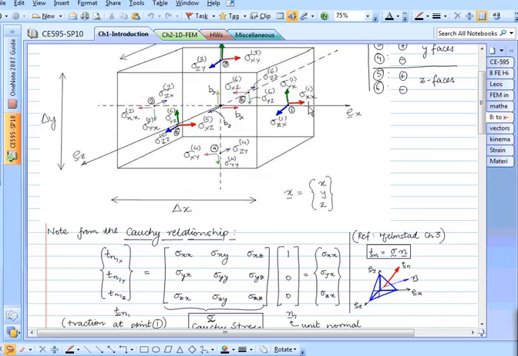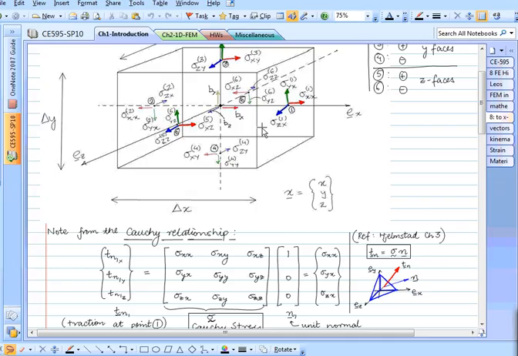Sigma xx1 is this thick red line, and this is the traction that is acting normal to this face at this point. So if I take this traction, and I just told you that traction is a force per unit area. So if I take that traction and multiply it with this area, I will get the total force that is acting on this face in the x direction, right?